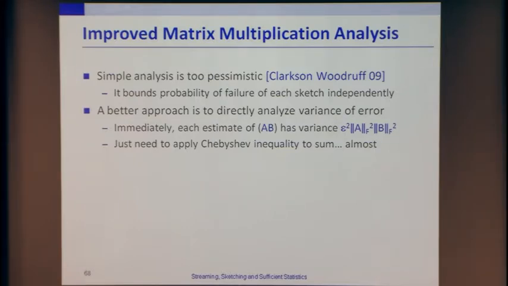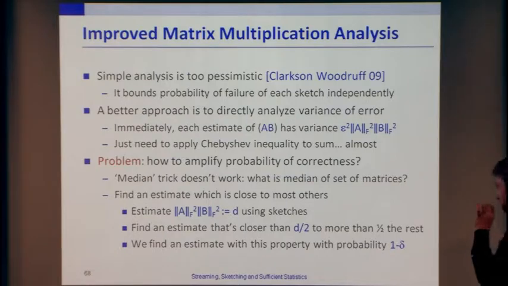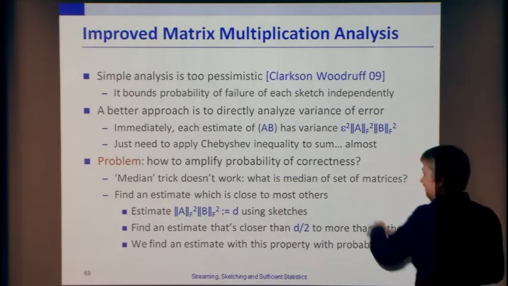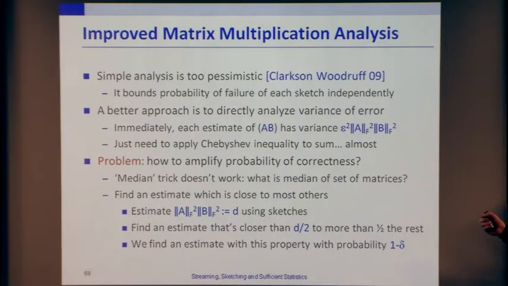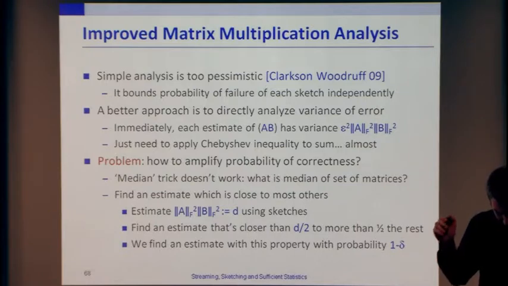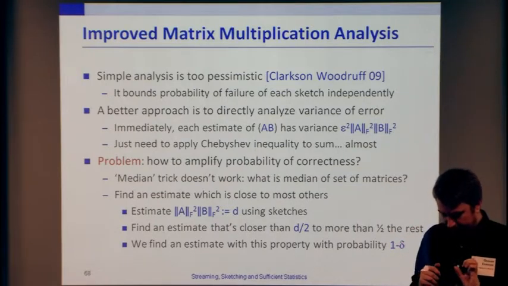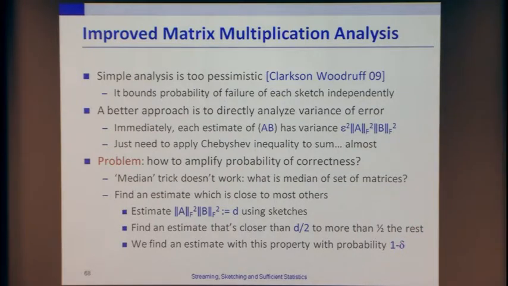Well, there's one problem here. That median thing with the Chernoff bound is fine when you're dealing with a single numeric value because you have an order and you can look at the median of that. But if I have a bunch of estimates of matrix products, and each one I know has a constant probability of being good, how do I throw out the bad ones and focus my attention on the good ones?